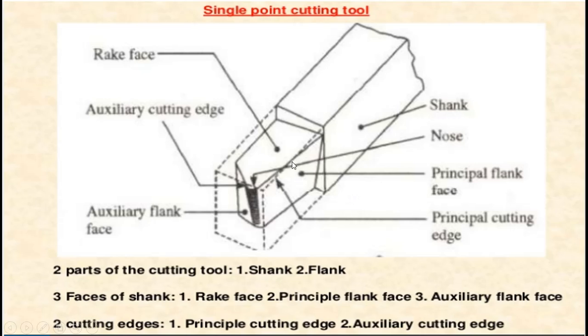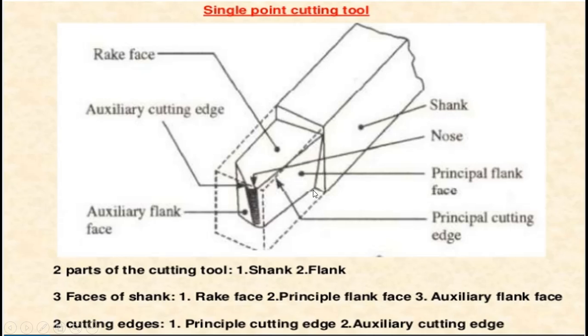It is the bearing surface of the tool when it is held in a tool holder or clamped directly in the tool post, that is the bottom of the shank. Heel is the intersection of the flank and the base of the tool. It is the curved portion at the bottom of the tool, somewhere here below.